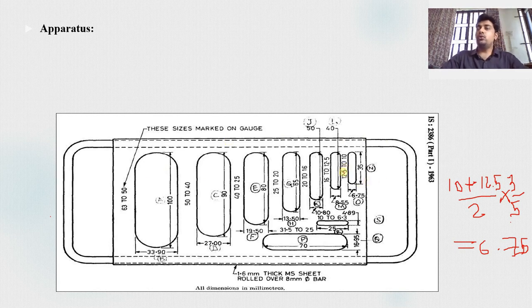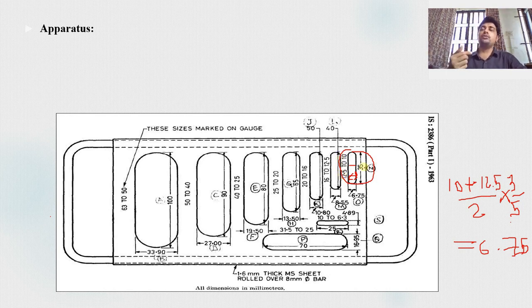For example, you have an aggregate between 10 to 12.5 mm. It means this portion will be used, 10 mm to 12.5 mm. What is the thickness of this portion? The thickness can be calculated as 10 mm plus 12.5 mm divided by 2.